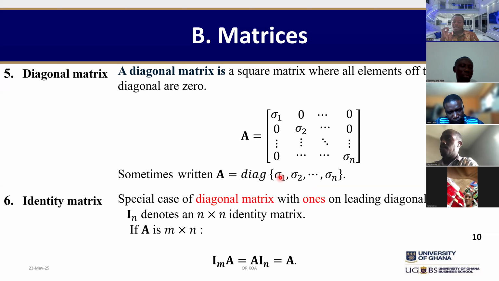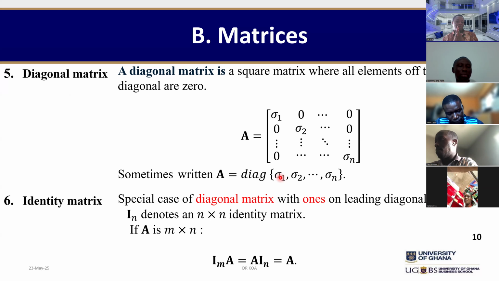What is an identity matrix? An identity matrix is a special diagonal matrix where all the elements on the main diagonal are 1.